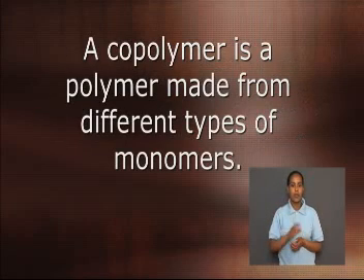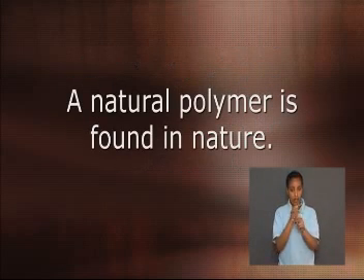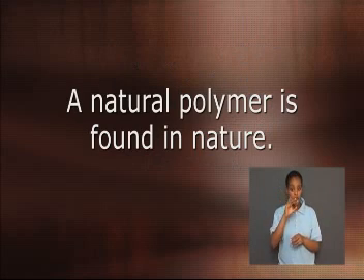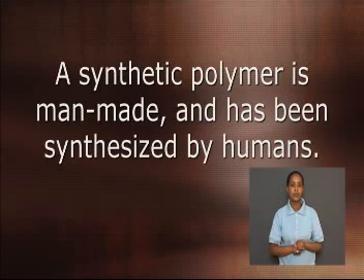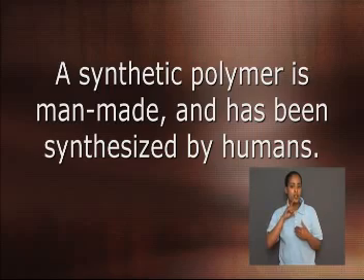A copolymer is a polymer made from different types of monomers. A natural polymer is found in nature. A synthetic polymer is man-made and has been synthesized by humans. Were you able to define all of the different terms correctly?